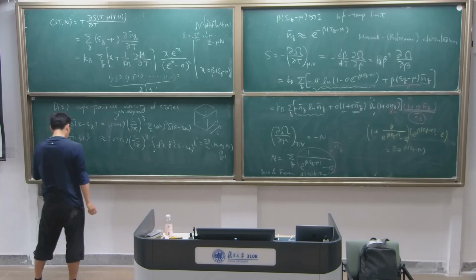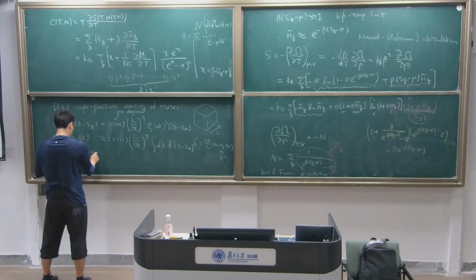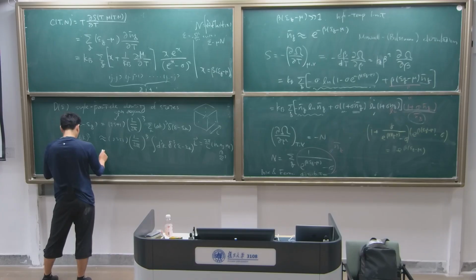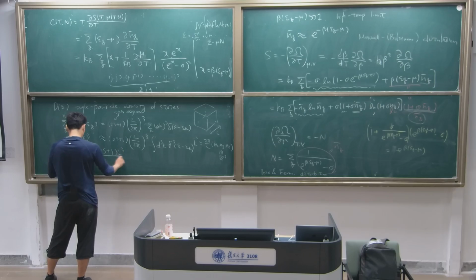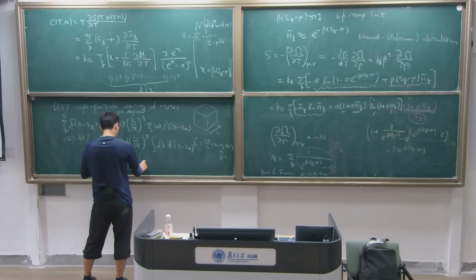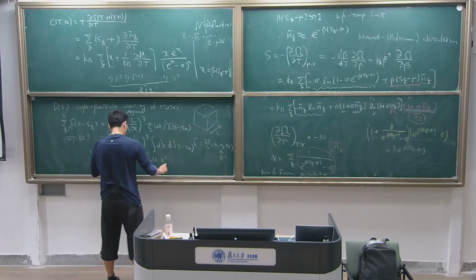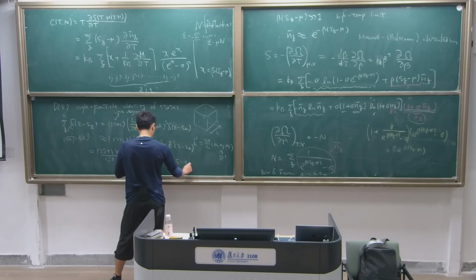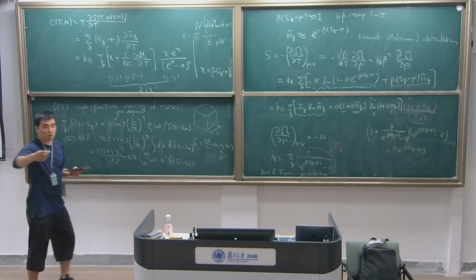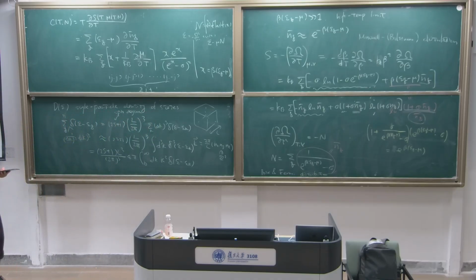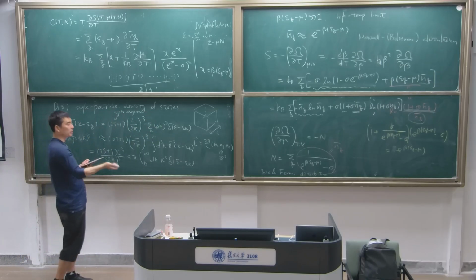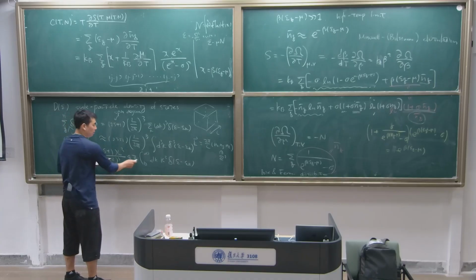Then adopt polar coordinates. What you get is 2s plus 1 over 2 pi to the d, and then the integral from 0 to infinity of dk. The angular integral is independent, so that gives you 4 pi.